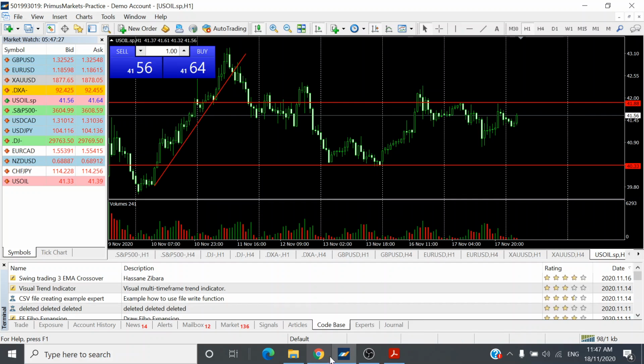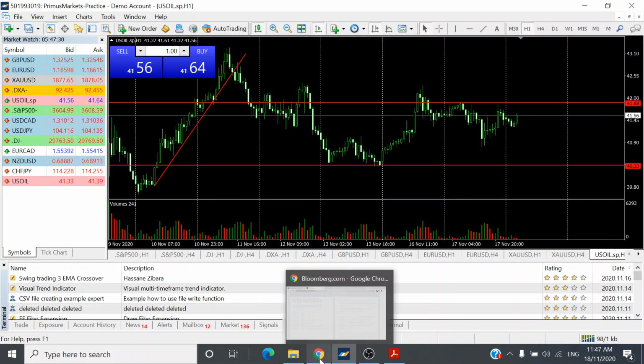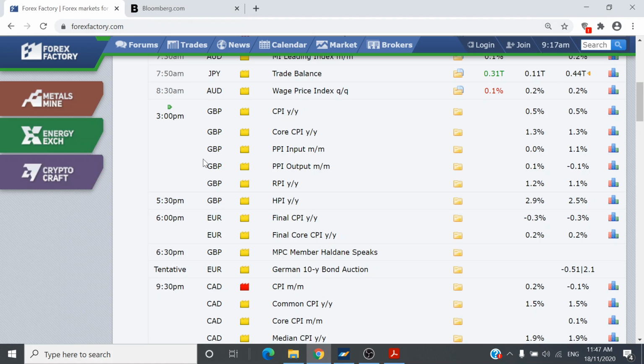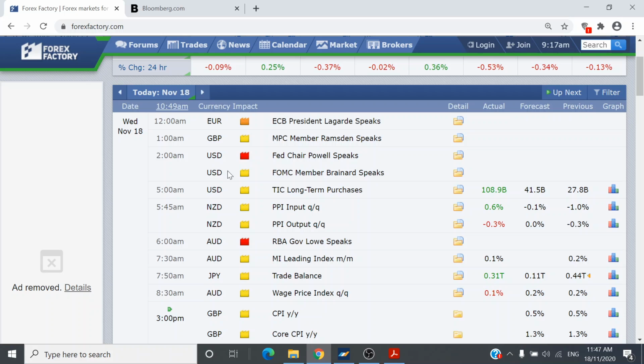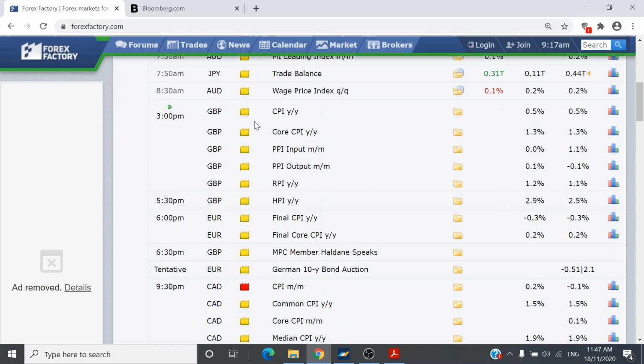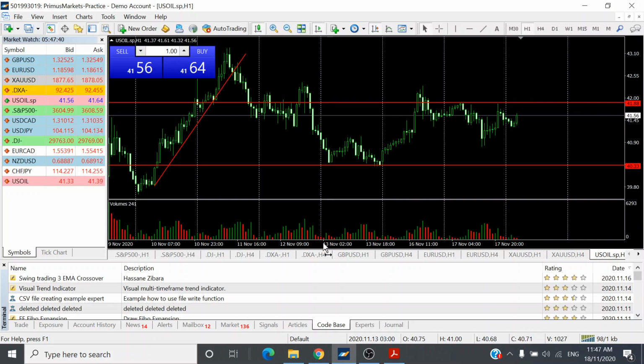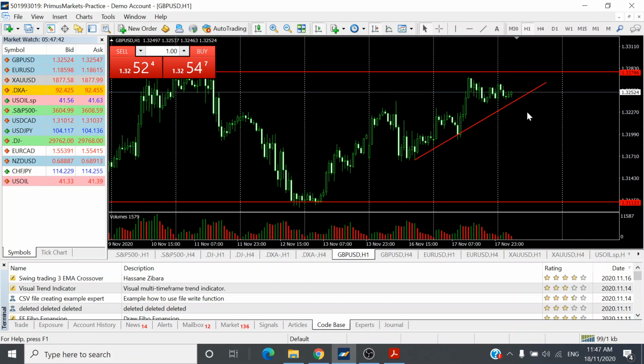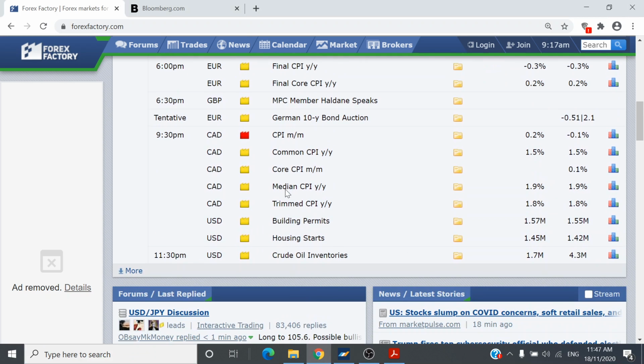The only thing I can note today is that later on today at about 3 p.m., we have a set of economic data coming out from the UK. So we could expect the UK pound to have some medium level movements later in the afternoon, and also moving on towards the evening, we will have economic data coming out from Canada, and also crude oil inventories.